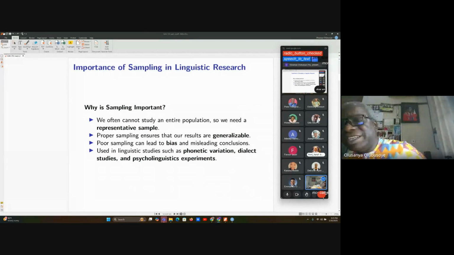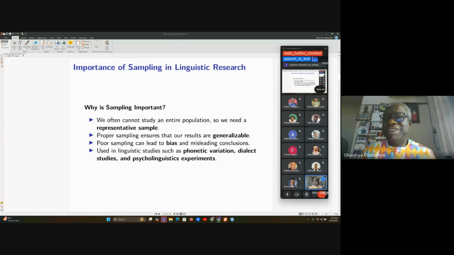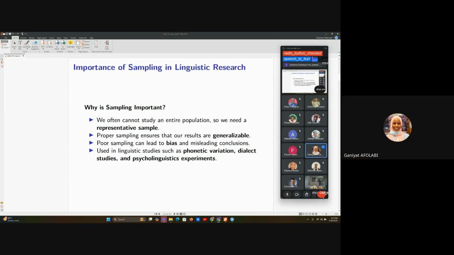Ganiyat, yes, continue. For example, in the standard Yoruba, some people use she, for example, she ofejo. For Ibadan dialect, they use si, so they say se ofejo. Some other dialects, instead of using yi, they use yeah, they use h for the same word.